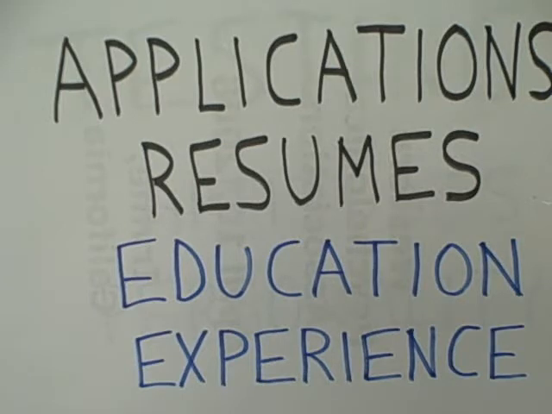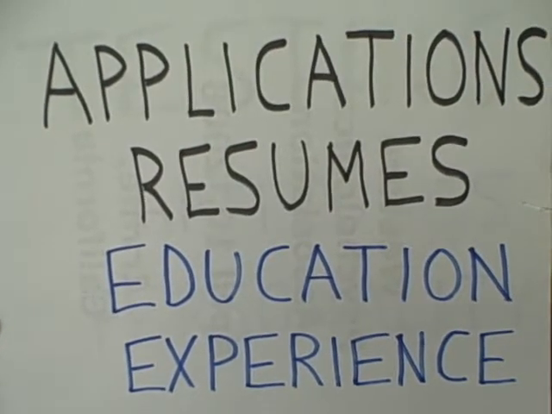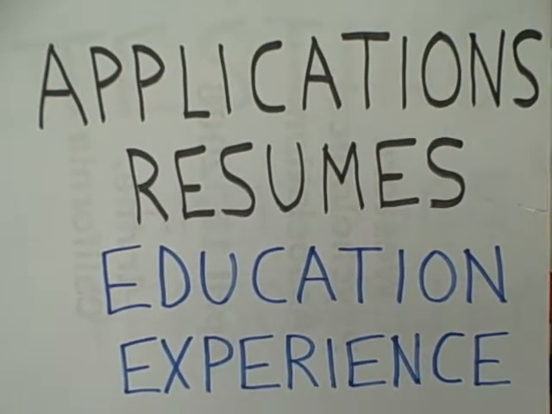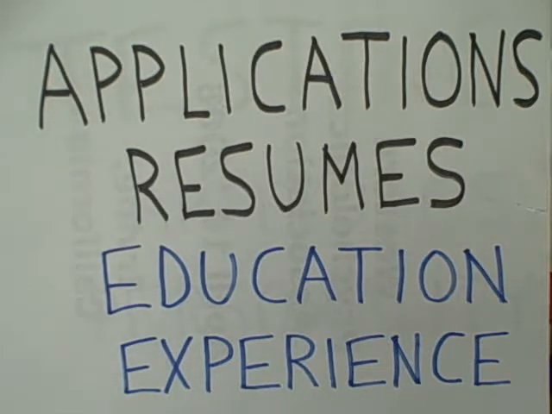So the first thing we look at would be the applications. We look at the bio data that we have available to us, by looking at the standardized application forms, the resumes, the CVs, whatever you want to call them, and we're going to be eliminating those individuals who lack some of the essential criteria for employment in this field.